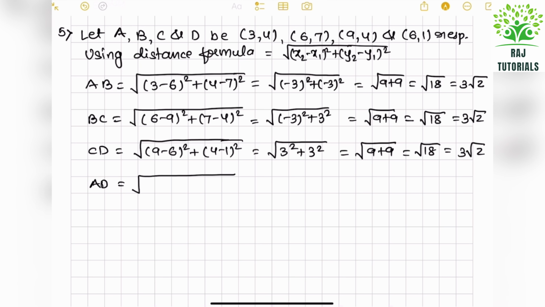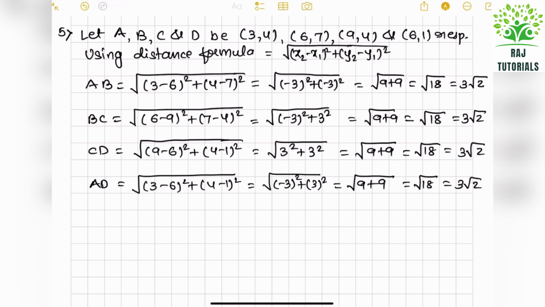Now AD. 3 minus 6 whole square plus 4 minus 1 whole square. So this will be -3 whole square plus 3 whole square. So that also will be 9 plus 9. So root 18. That will be 3 root 2.